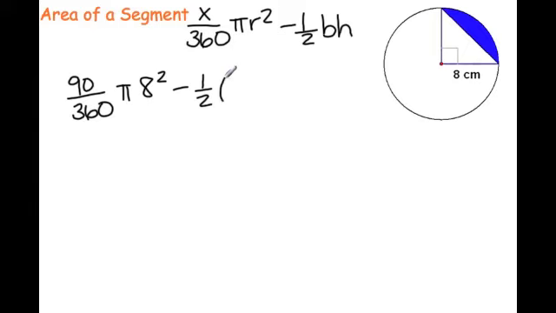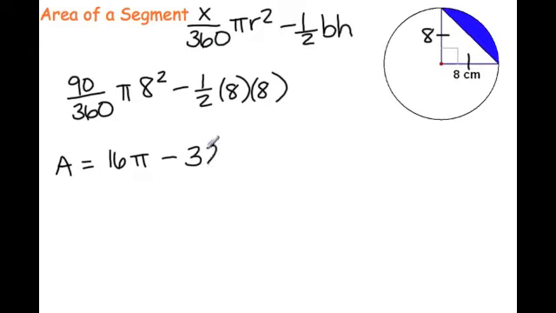This turns out to be a 45-45-90 degree triangle, so the base and height are going to be equal to each other. Doing some more mental math, reducing the fractions, our final answer turns out to be 16 pi minus 32 centimeters squared. Please make sure you leave it like this.